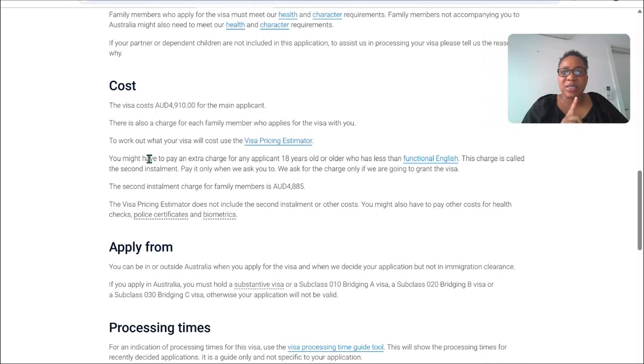One thing to note is that if you've got an applicant, for example, your partner who is over 18, as well as maybe your child who's over 18, they also need to prove functional English.